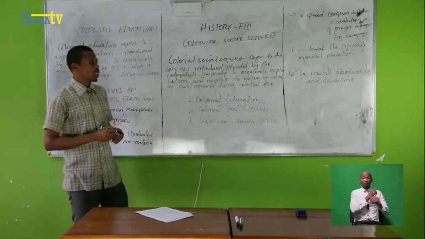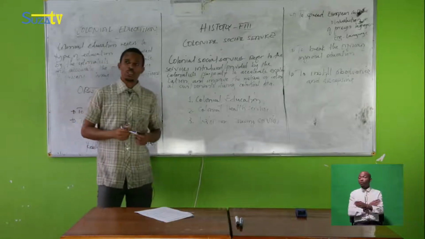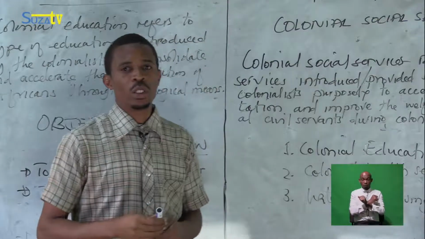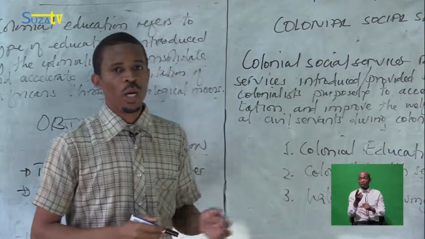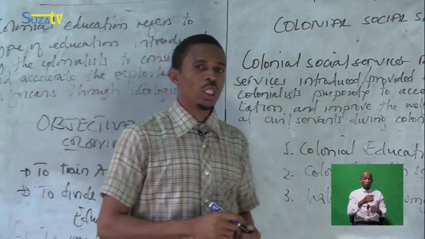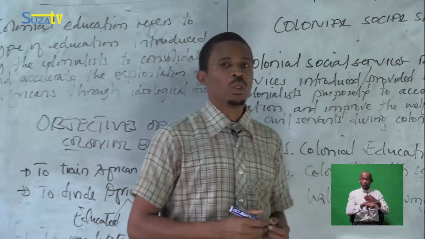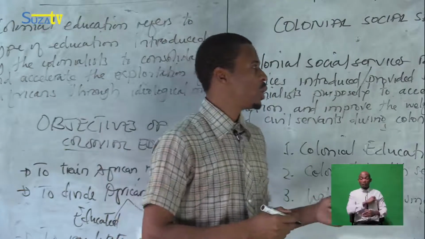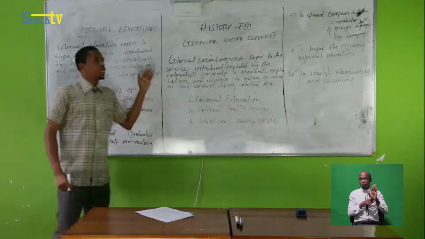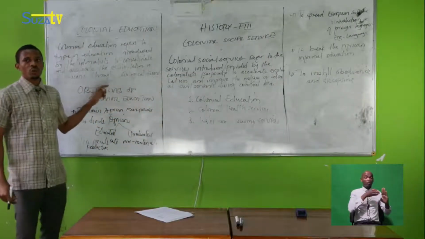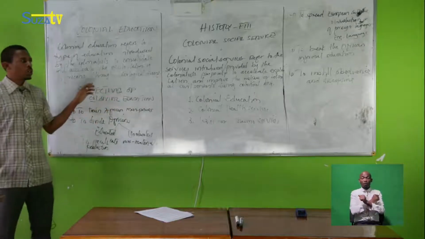The Africans, before the coming of colonialism, were seen as uncivilized people. That's why the whites came with the education to instill obedience and discipline to the Africans. So these were the objectives of colonial education.